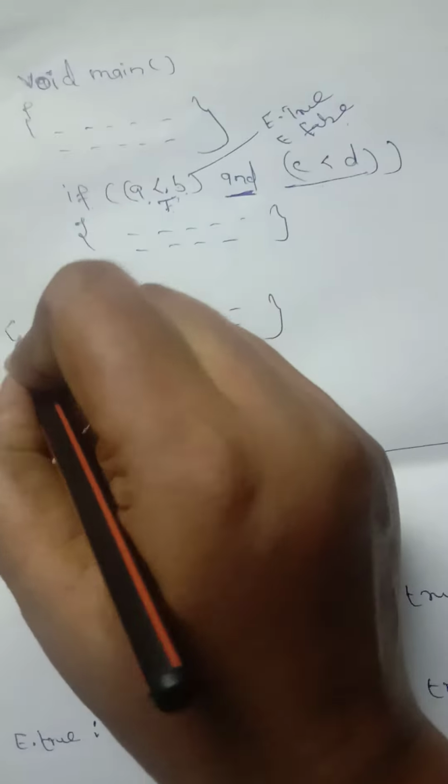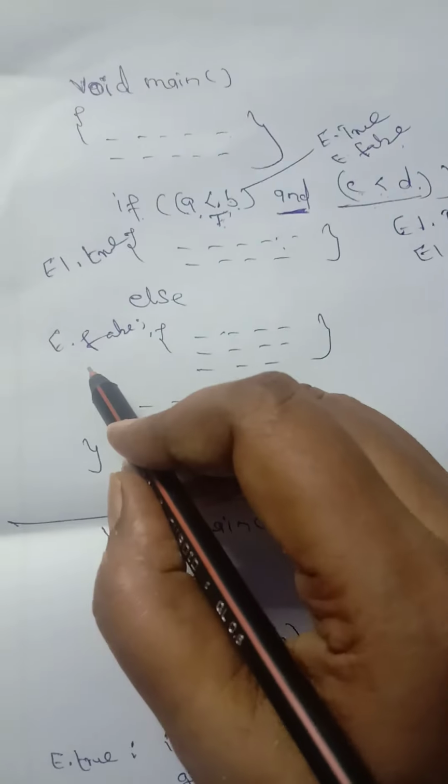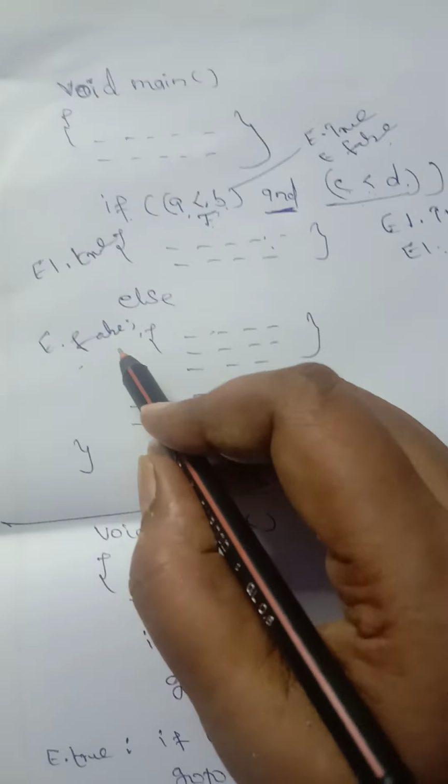So this is called the E1 dot true part. Next, what is E1 dot false? That is the same as E dot false. So here we can use a single variable, that is E. After that we have to execute the normal program.